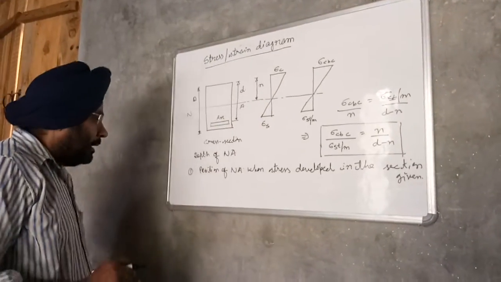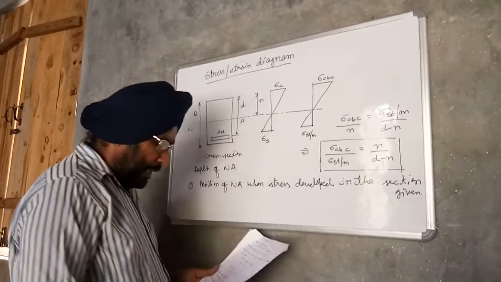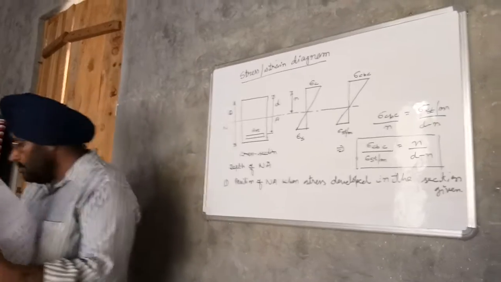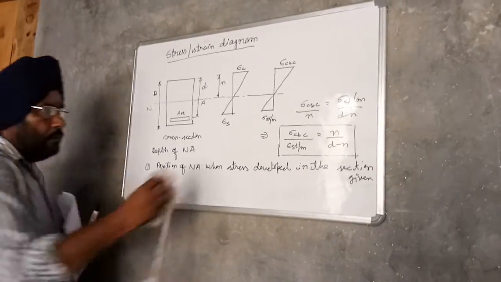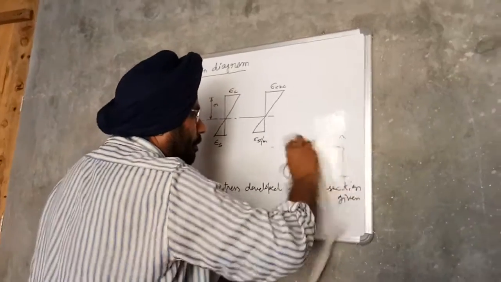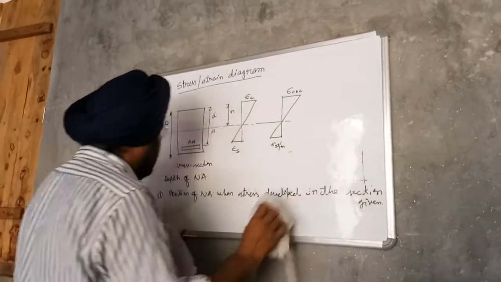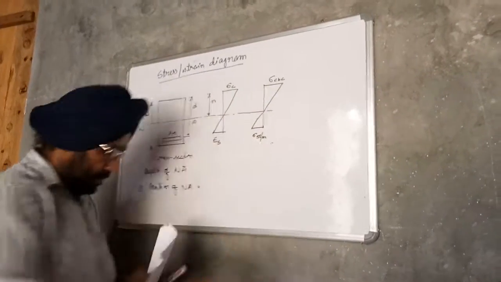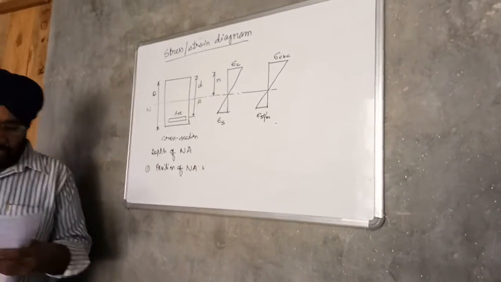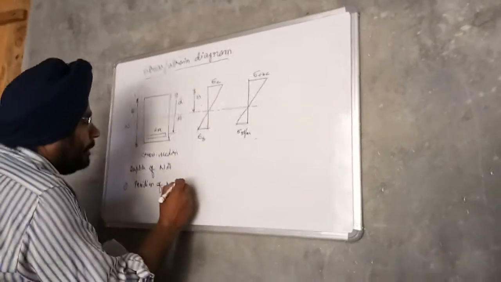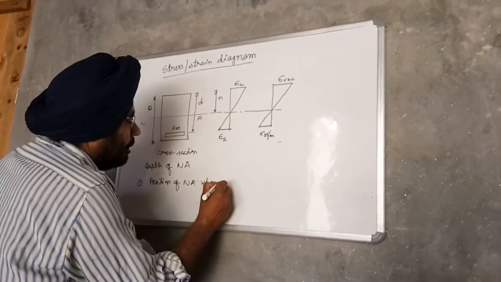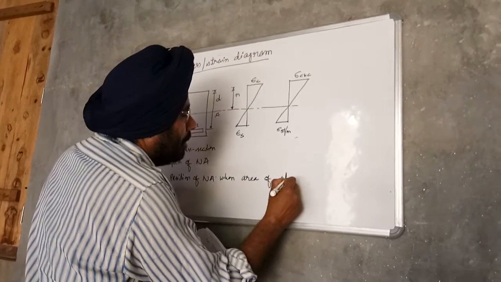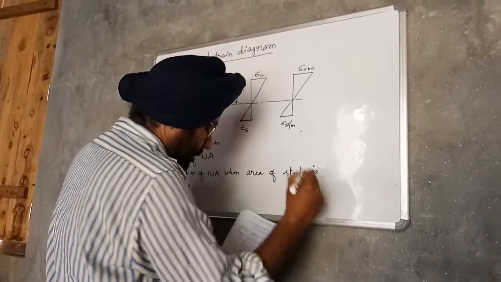Second, the position of the neutral axis when the area of steel is given.